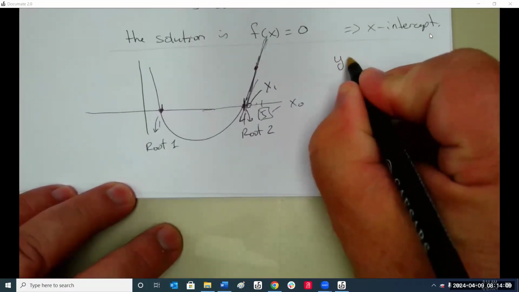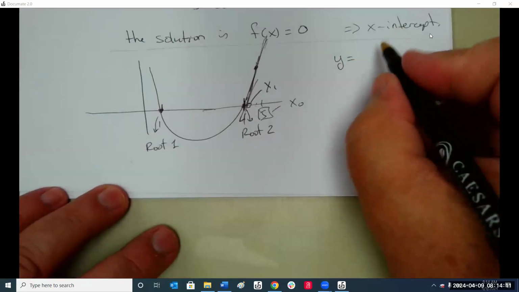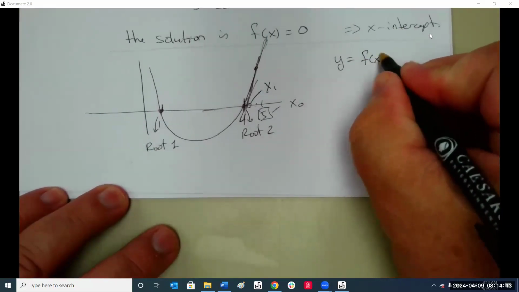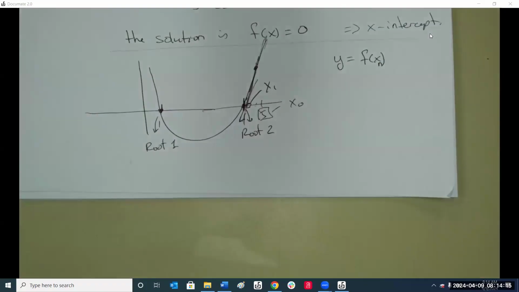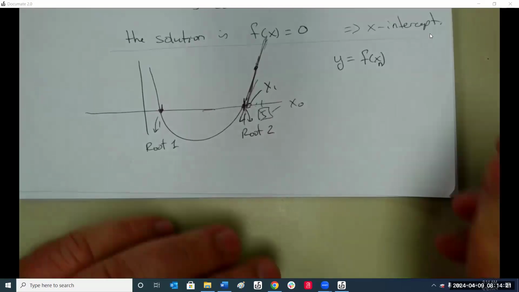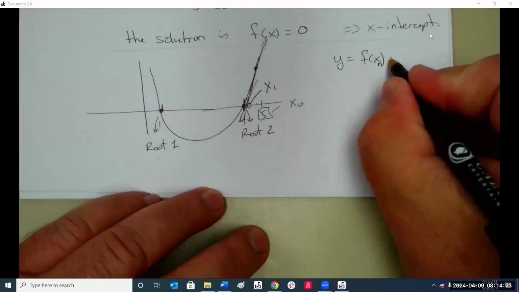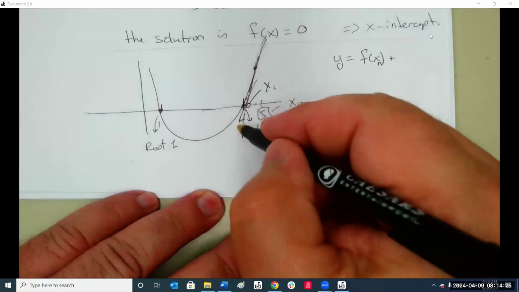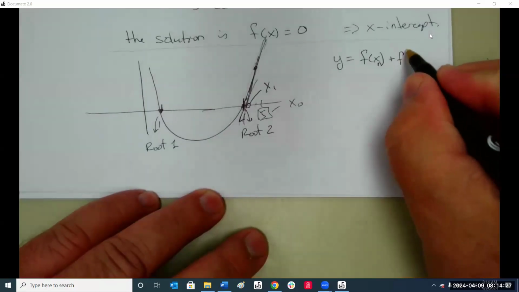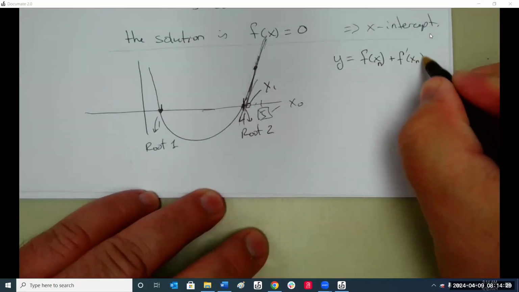So to find the value of y, we start off with the function at x sub n, because we don't know how many guesses we're going to have. And then we look from there because we need the slope of the tangent line, which is the first derivative.